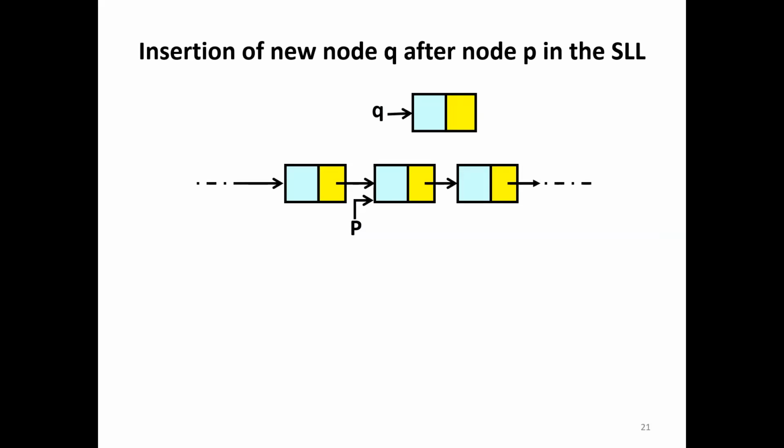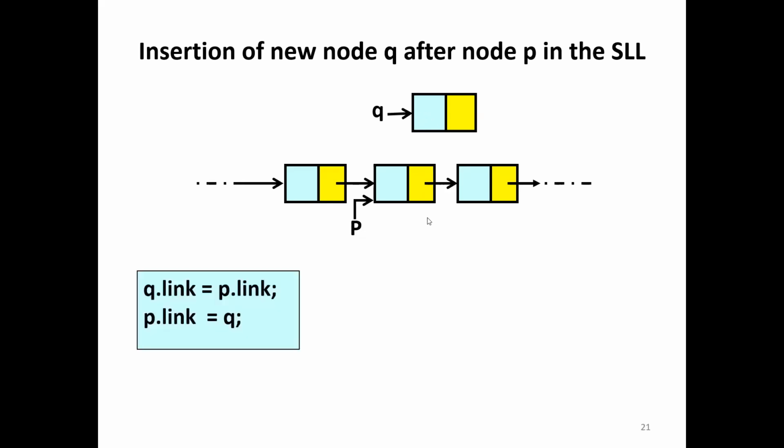If you want to insert a new node called Q after node P, so this is the new node that we want to insert, and we want to insert it after node P, how are we going to perform this operation? Remember that if we want to insert it after here, then we need to know the link component of this node, because the link component of this node is very important for this operation.